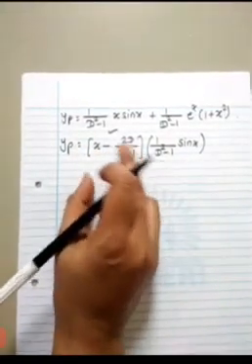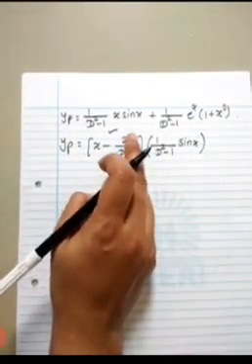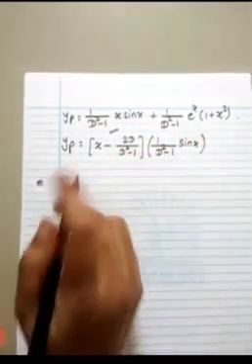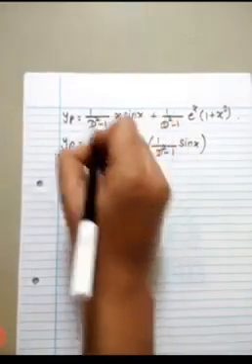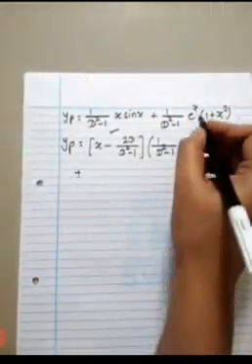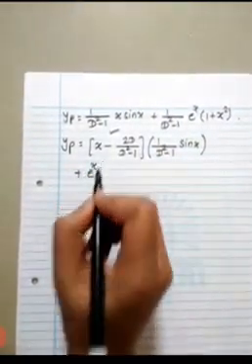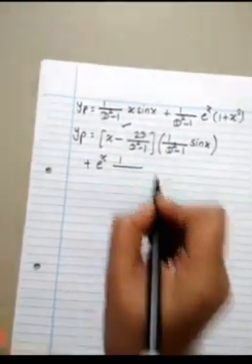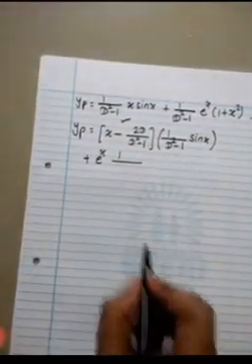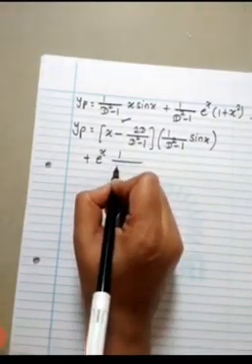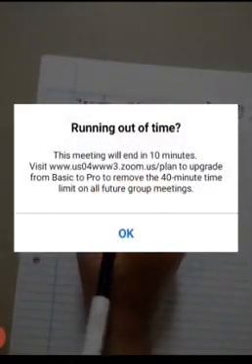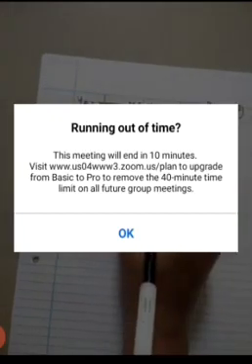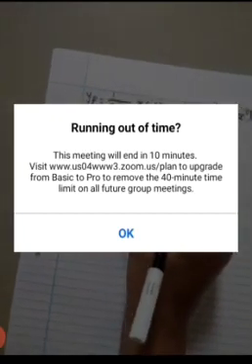x minus phi d, its derivative in the numerator, into 1 upon phi d as it is, into v. Okay, this is the first function. Plus second, e raised to x out, and d will be then d plus 1. d will be (d plus 1) square minus 1, and here it is just 1 plus x square.